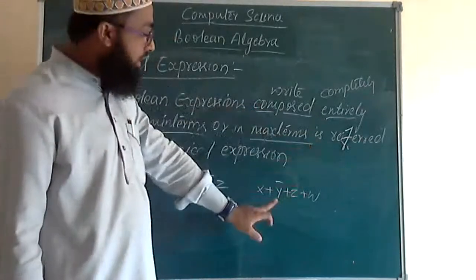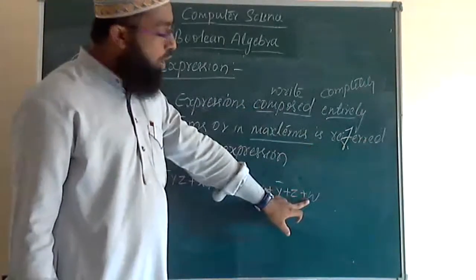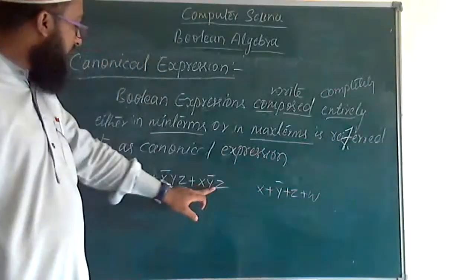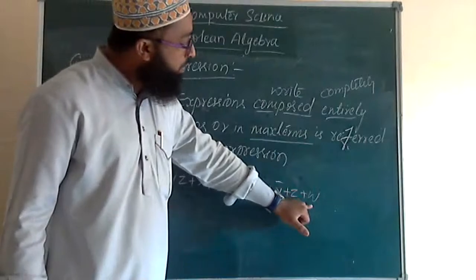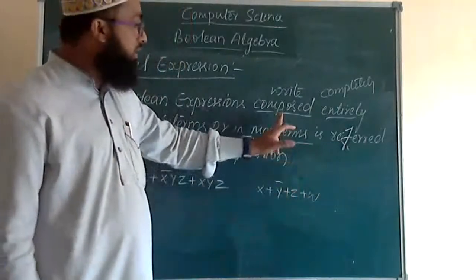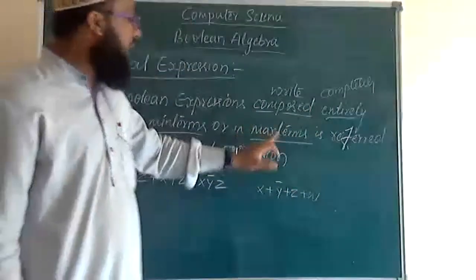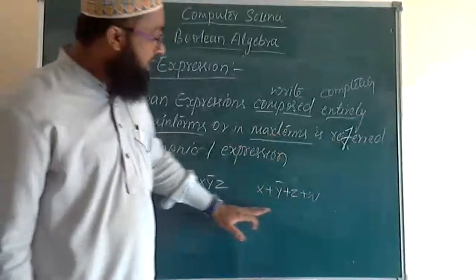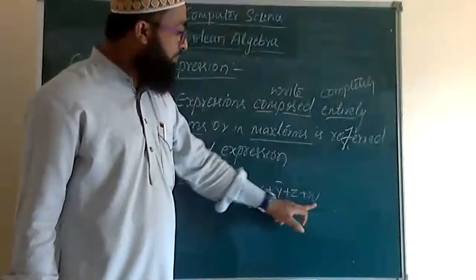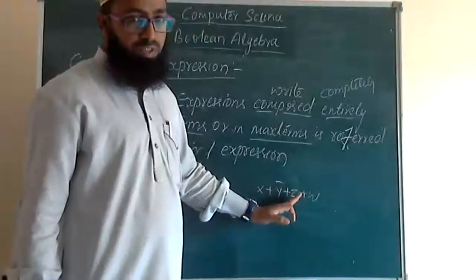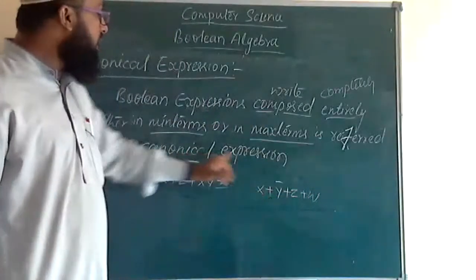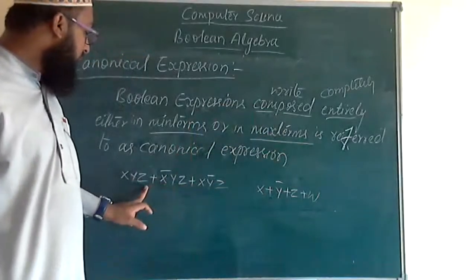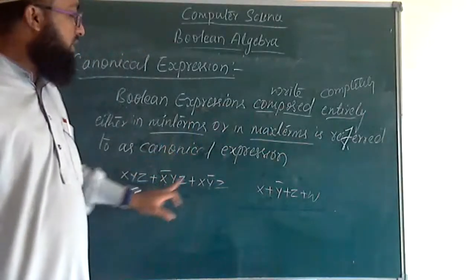Sum means OR operator; product means AND operator between the literals. So this is the sum of all the literals, composed entirely in max term. The expression is completely in max term. See, no product in between this, no AND operator in between this. This is called canonical expression of max term, and this is called canonical expression of min term.